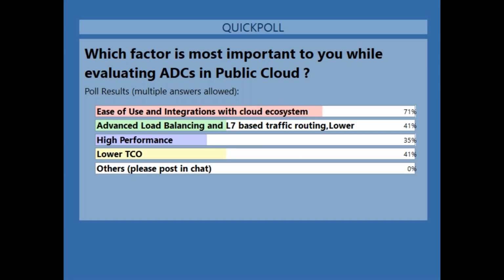It looks like for the majority of you, the most important thing in evaluating your ADC in the public cloud is that it's easy to consume. So the integrations here, specifically the ones we shared with Terraform, look to be in line with your expectations, followed closely by the lower cost to operate, as well as the advanced features. All right, back to you, Hari.